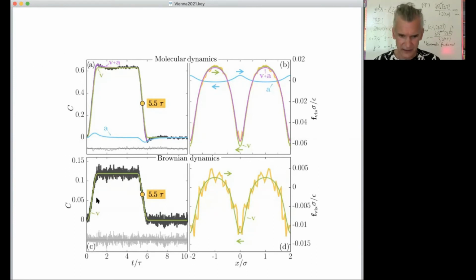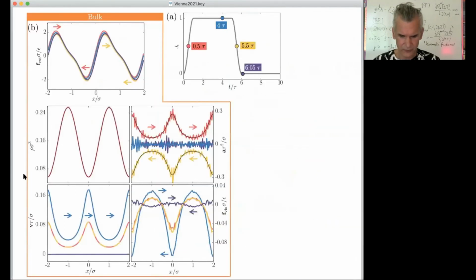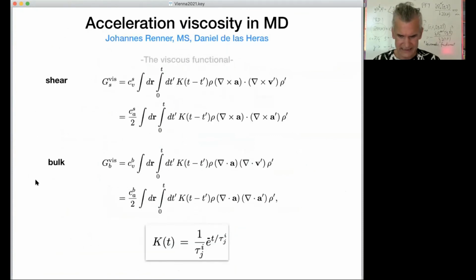And the same thing for Brownian dynamics doesn't occur. There's no overshoot and no undershoot. And this is consistent with what I've written at the whiteboard, that in MD there's an additional dependence on the acceleration again. And the important thing is that the kernel is very simple that we need to describe this.